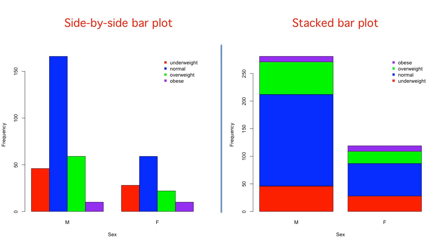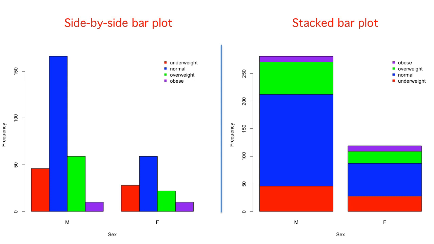And for the female skeletons, we can also see that normal weight is also the most common of the BMI classifications. However, by looking at the total counts of the bars for males in the stacked bar plot, it is clear that there are many more males than females in our data. In fact, there are more than twice as many males as females.